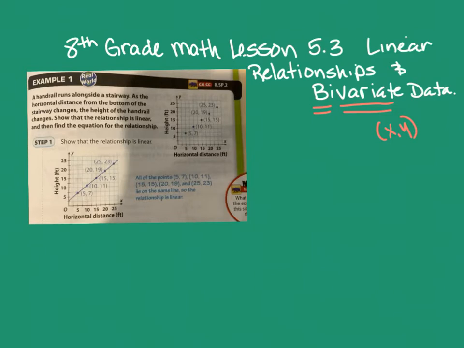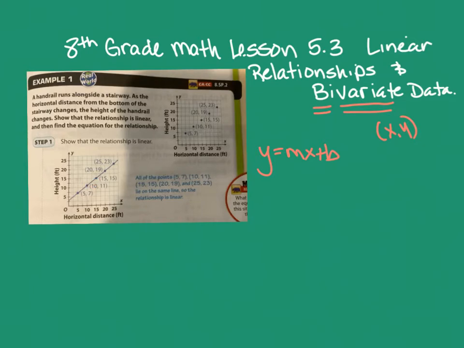Now I'm just going to go ahead and take my skills and find out what is my slope and what is my y-intercept so that I have it written in y equals mx plus b format, the slope-intercept form. So let's go ahead and get started with that. To find the slope, if I had really precise points, I could just find the rise and the run, and reduce it, and that would be my slope.